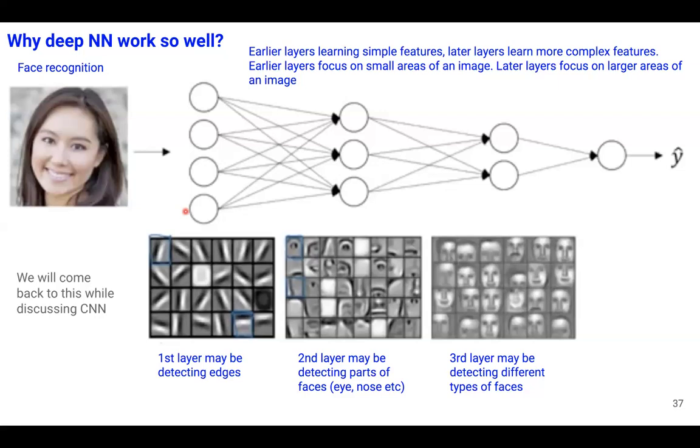Exactly. This is not a bad thing because, at the end of the day, we do not control what a network learns. And not only that, we also do not know how it learns. It is a multi-dimensional parameter space that we are not even able to draw. So we don't know what it is learning.